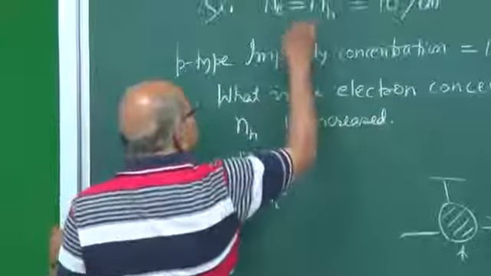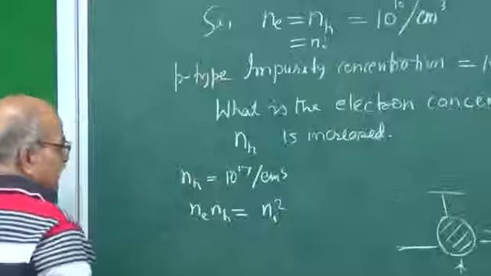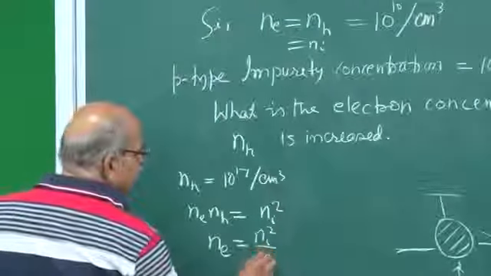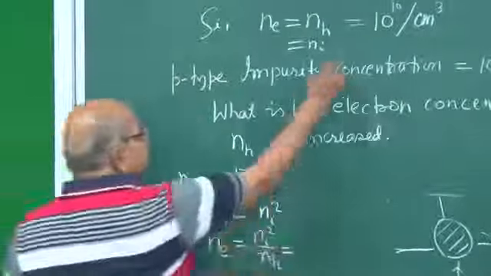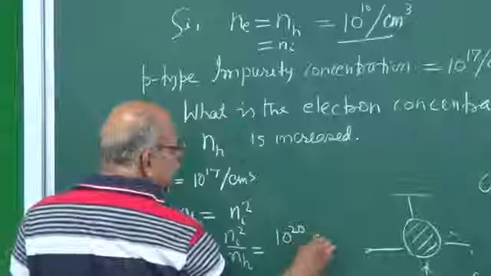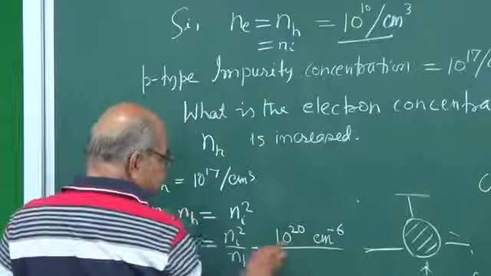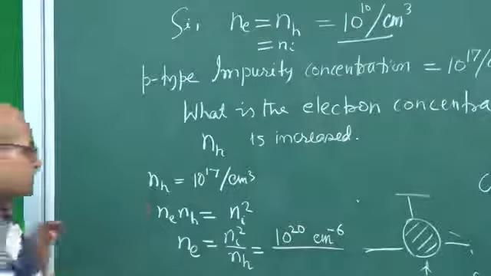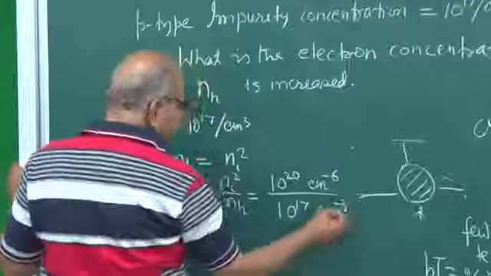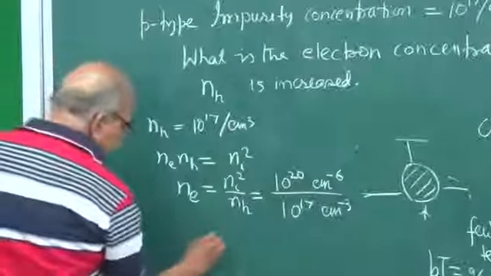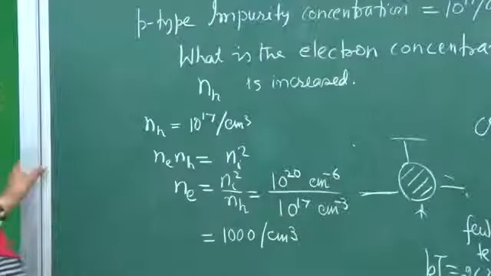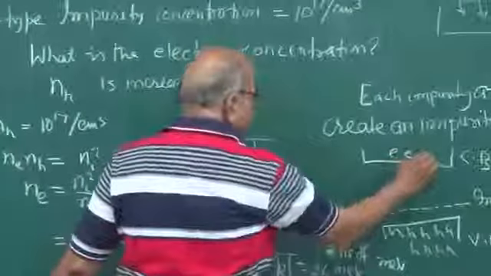This thing is Ni, and therefore Ne is equal to Ni square divided by NH, and Ni square is 10 to the power 10 into 10 to the power 10, that is 10 to the power 20 centimeter power minus 6, and NH is 10 power 17 per centimeter cube, which is just 1000 per centimeter cube. So these will be the number of electrons which are here.